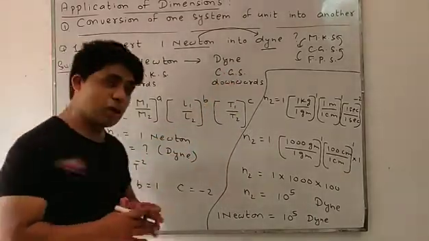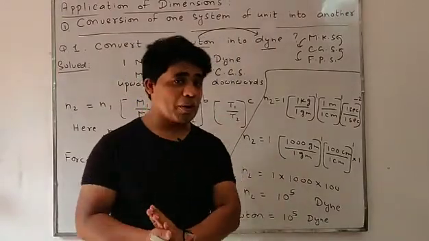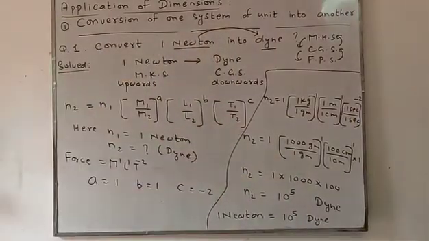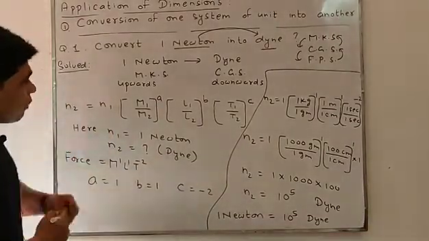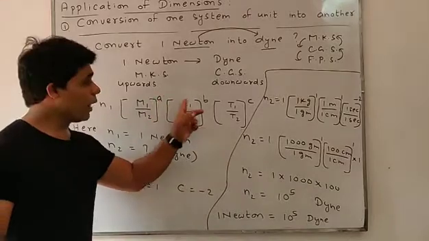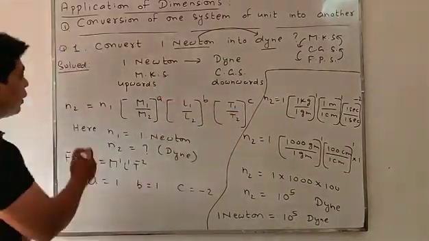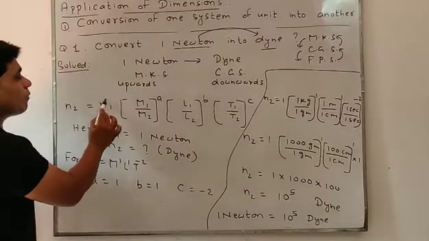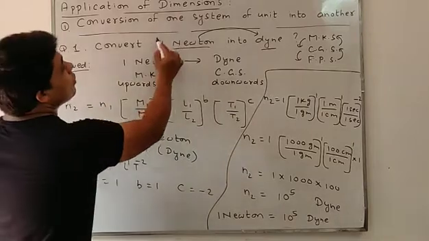For converting one system of unit into another, we have a formula: N2 equals N1 times (M1 by M2) power A, times (L1 by L2) power B, times (T1 by T2) power C. Look, students, here N1 is the numerical value in the first system. We are given convert 1 Newton, so N1 is 1 Newton.